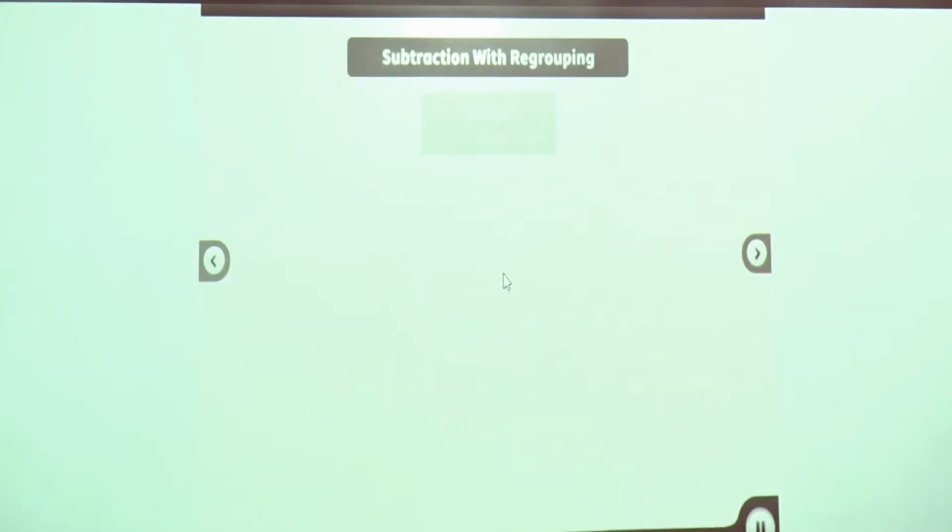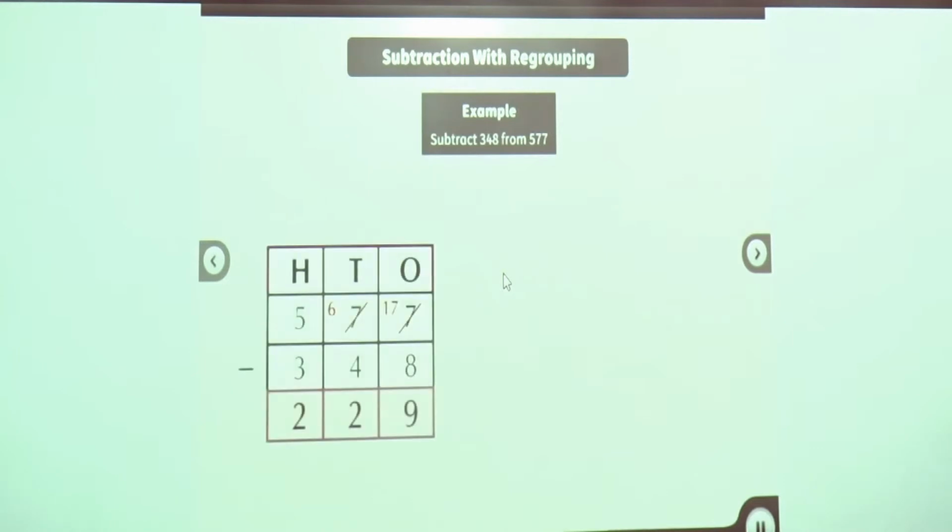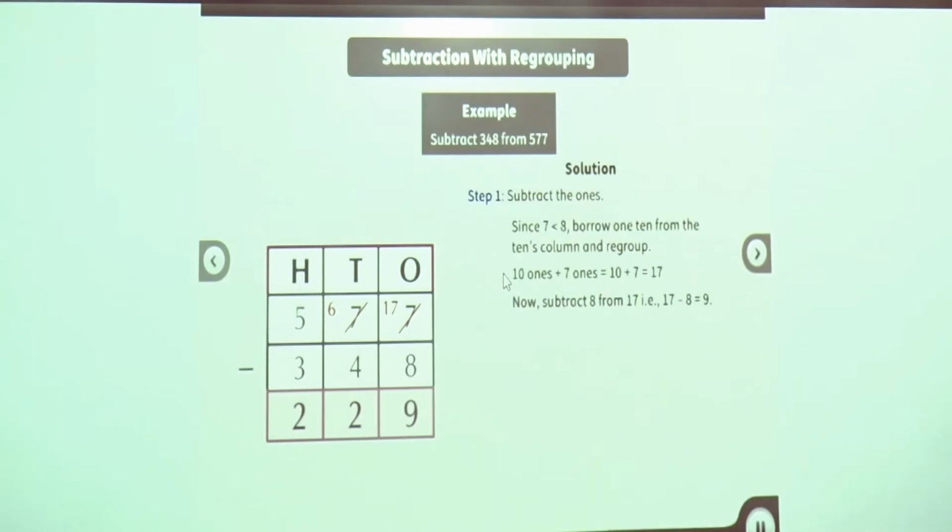Consider an example. Subtract 348 from 577. Let us understand the step-by-step method of subtracting the numbers placed in a tabular format. First, subtract the ones. Since 7 is less than 8, borrow one 10 from the tens column and regroup.